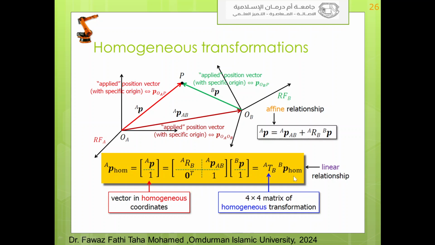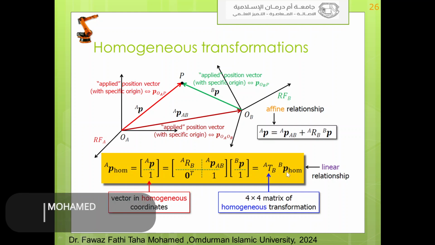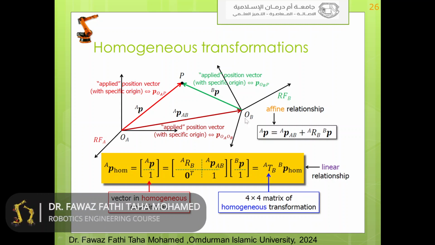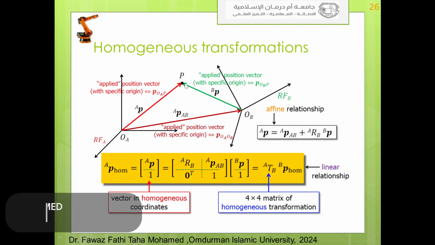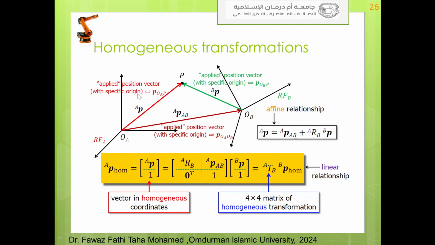So it is very easy to find a matrix that can be used to convert any position and orientation with respect to another frame.